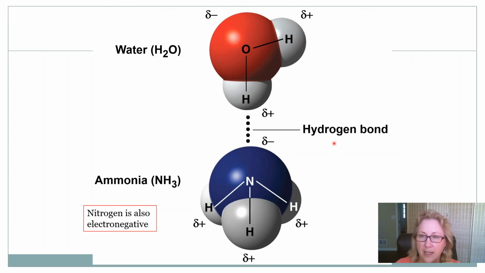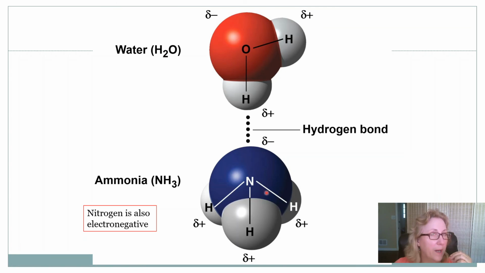To have a hydrogen bond, you need a positively charged hydrogen, which you're going to get when you have it bound to something electronegative like an oxygen. This hydrogen will be positively charged, and then if you have anything else nearby that has a partial or a full negative charge, it's going to be attracted to that positive charge. That's a hydrogen bond.